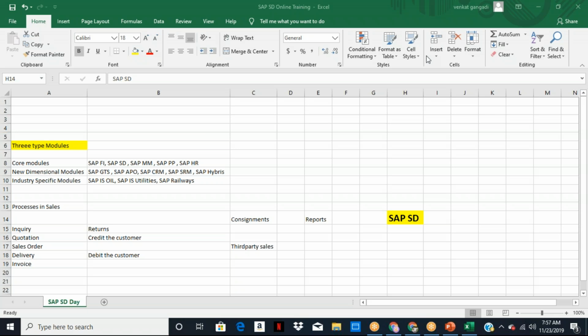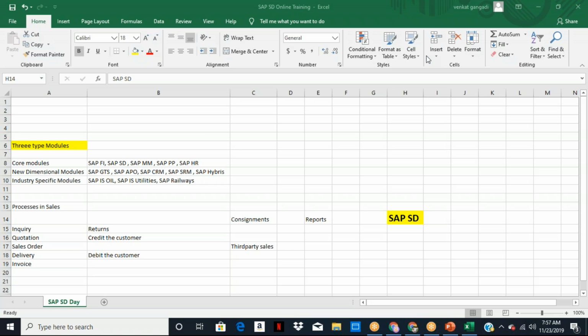Is it possible for me, without order and without product and without customer, to create the sales order? No, right? So these are the masters. These elements are my master data elements. The customer and material is the main data for me to run my transactions and my business day to day.